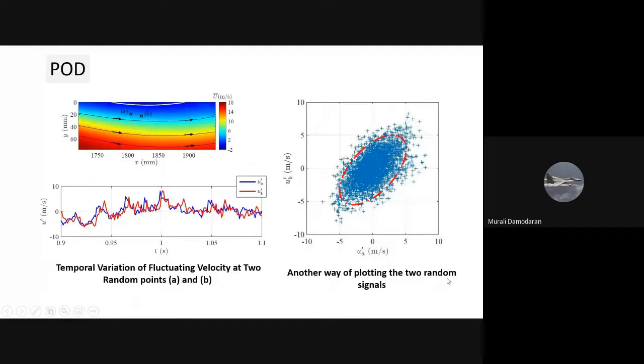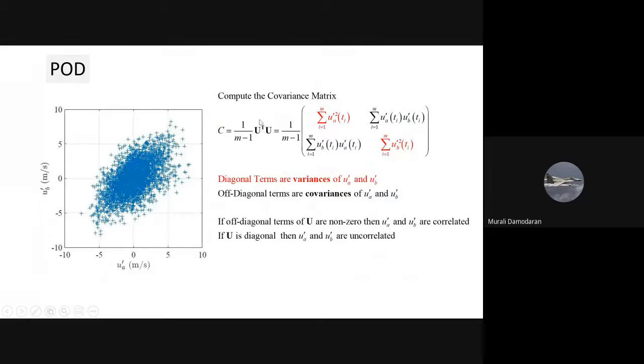We take that and carry out this operation, expand it out, and you will get this. The diagonal terms are the variances of UA and UB, and the off-diagonal terms are the covariance. So they basically tell you how the data is correlated.